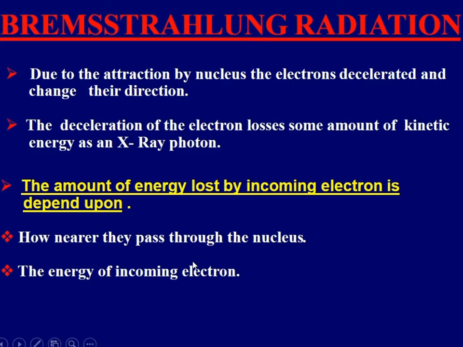And the second factor is the energy of the incoming electron, how much energy the incoming electron possesses. So these are the two factors on which the amount of energy loss depends.